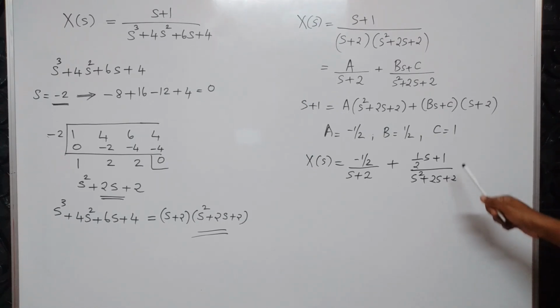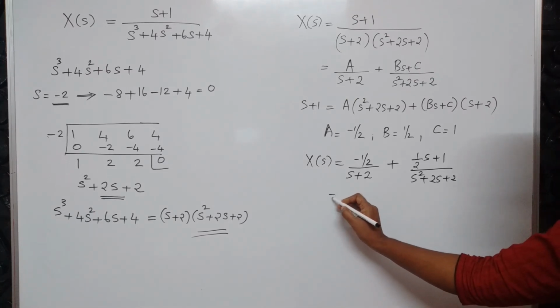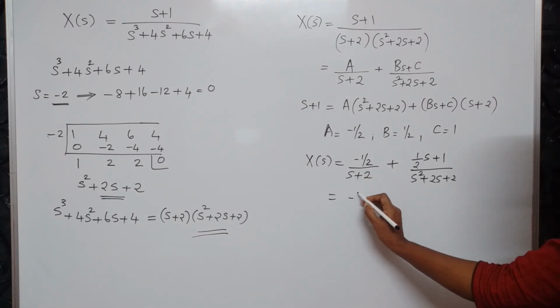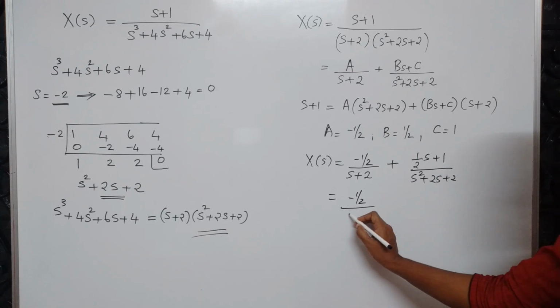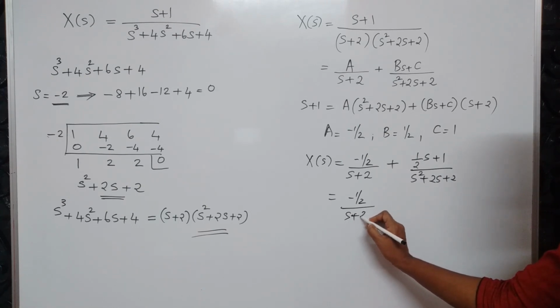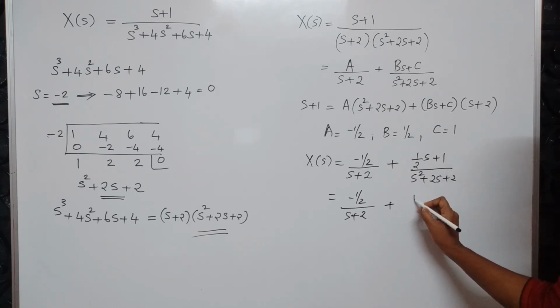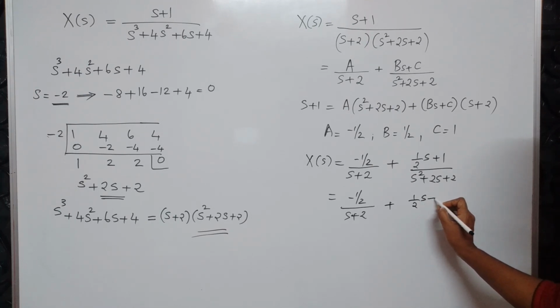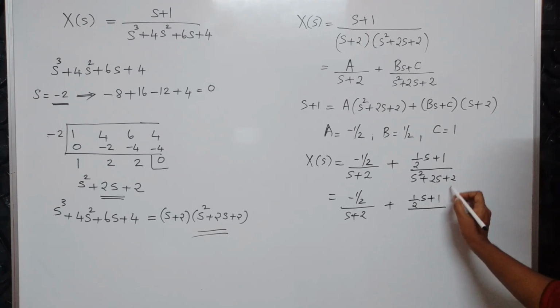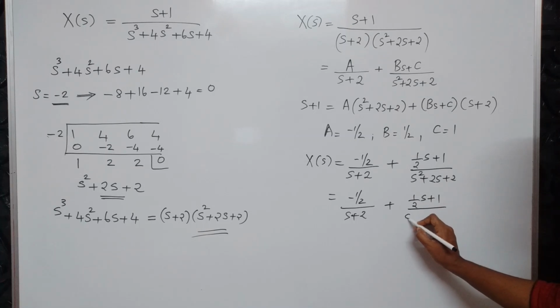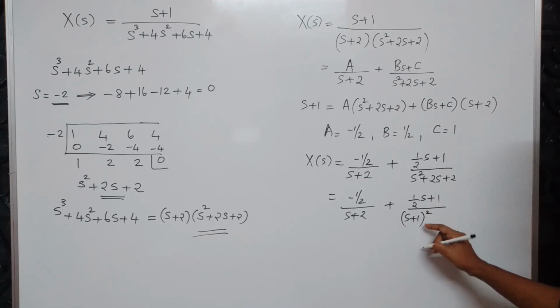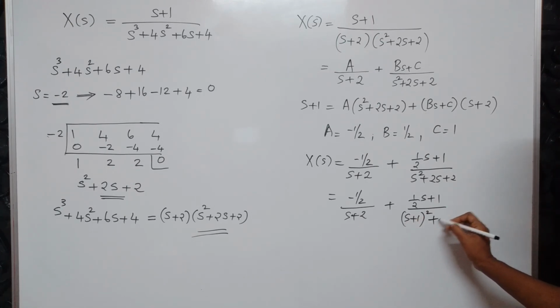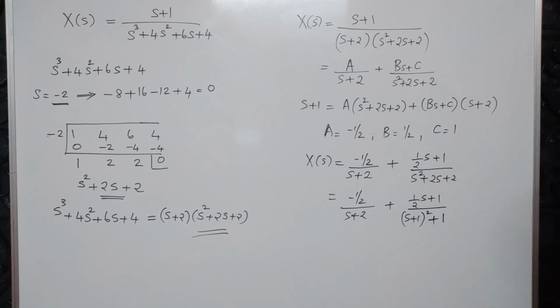Now to convert this to standard form, this first term is already in standard form, so no need to change that. Minus 1 by 2 into s plus 2 plus 1 by 2 s plus 1 by, we can express this as s plus 1 the whole squared, which is s square plus 2s plus 1, the remaining is 1, so it can be written as this.